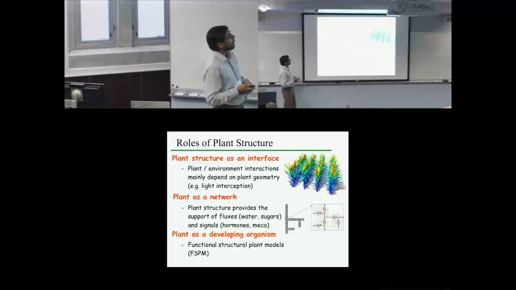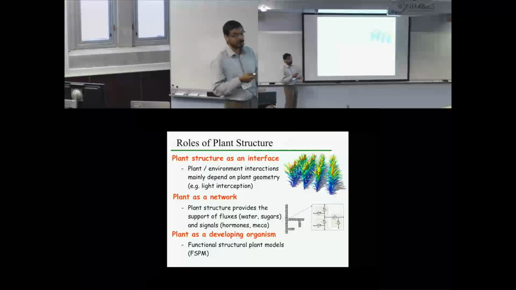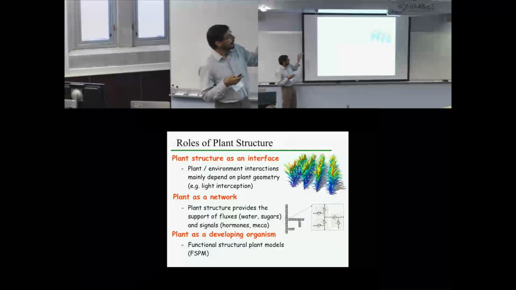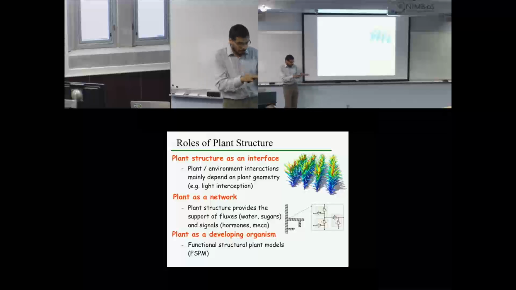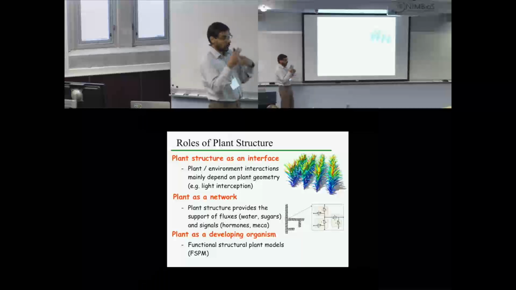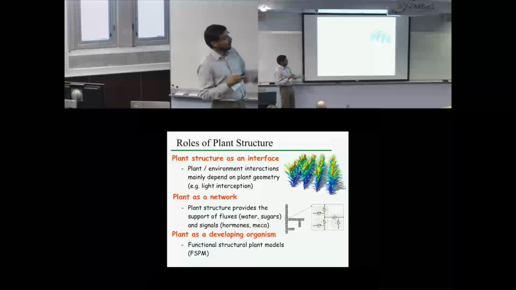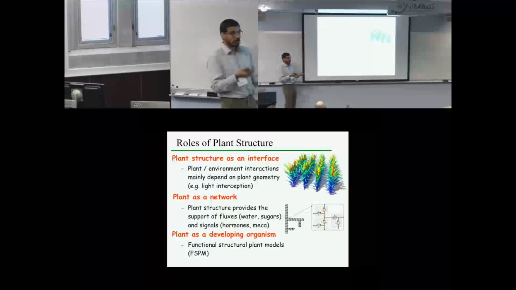And depending on your applications, you have different representations of the plants. That is, the role of plant structure is different. You need the geometry, because the geometry, the surface of the organs, is the way the plant interacts with the environment. And the plants' energy exchange with the environment mainly depends on plant geometry. But you can see also the plant as a network.